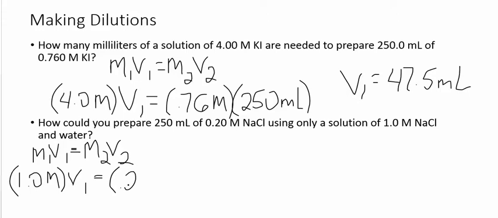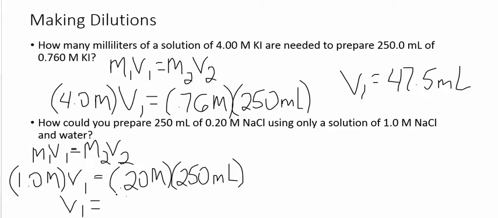M2 is 0.2. And V2 is 250 mL. So when we solve for V1, we get a value of 50 milliliters.